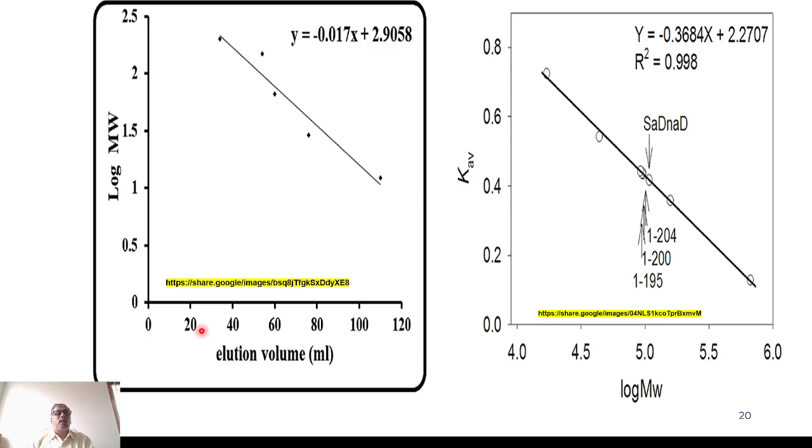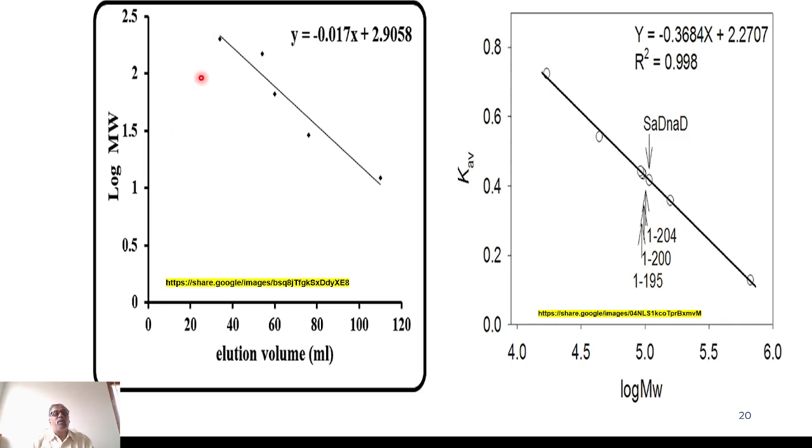So here elution volume is inversely proportional to molecular weight. So you can go for some pure standard molecules with known molecular weight, albumin or lysozyme. So you prepare molecules with known molecular weight, and you separate using gel filtration.